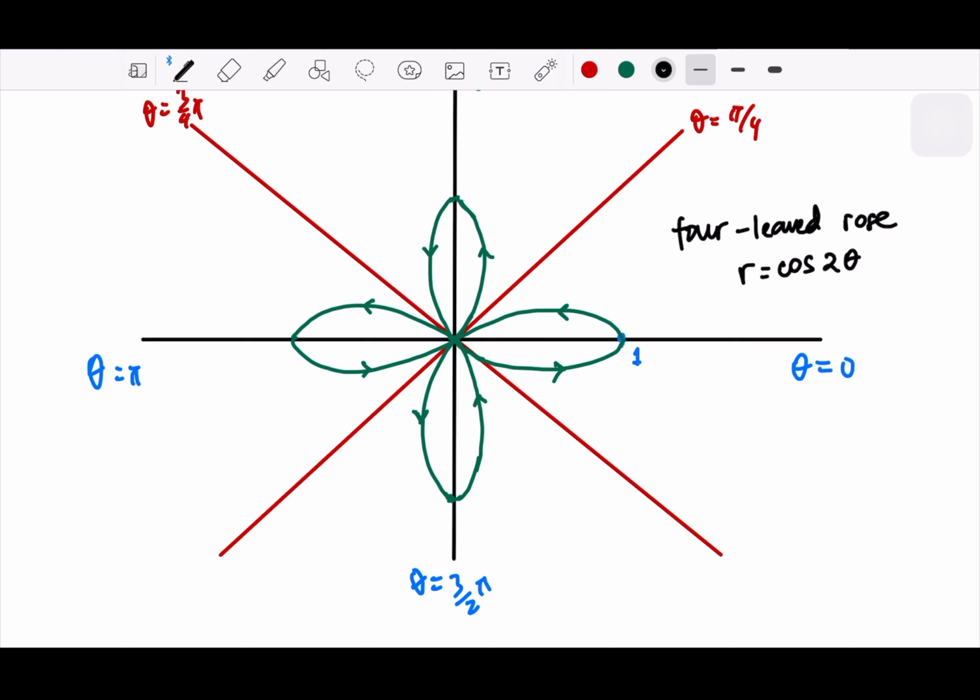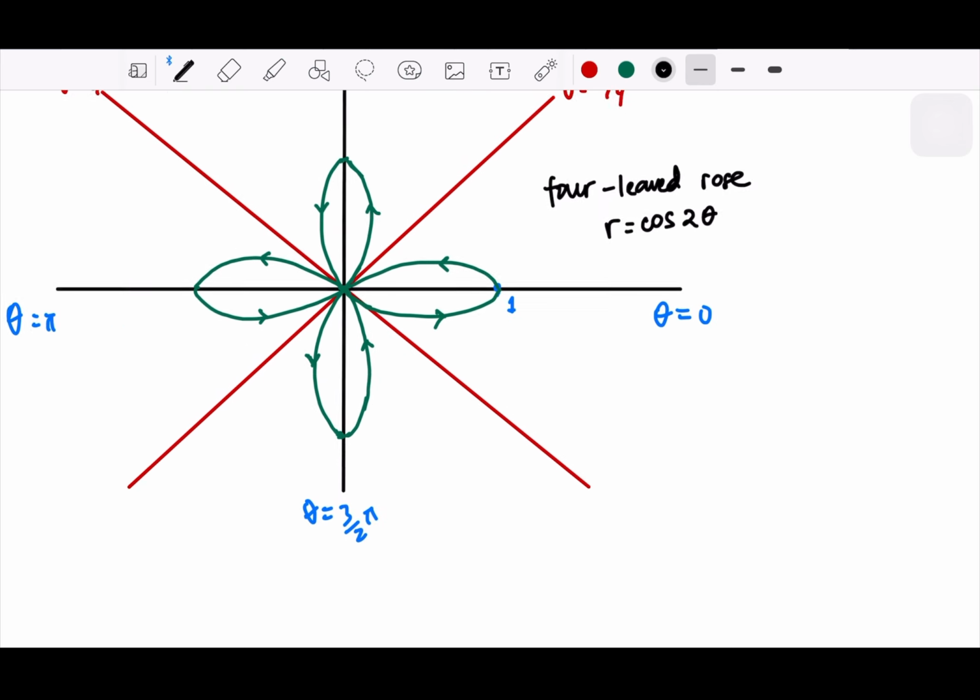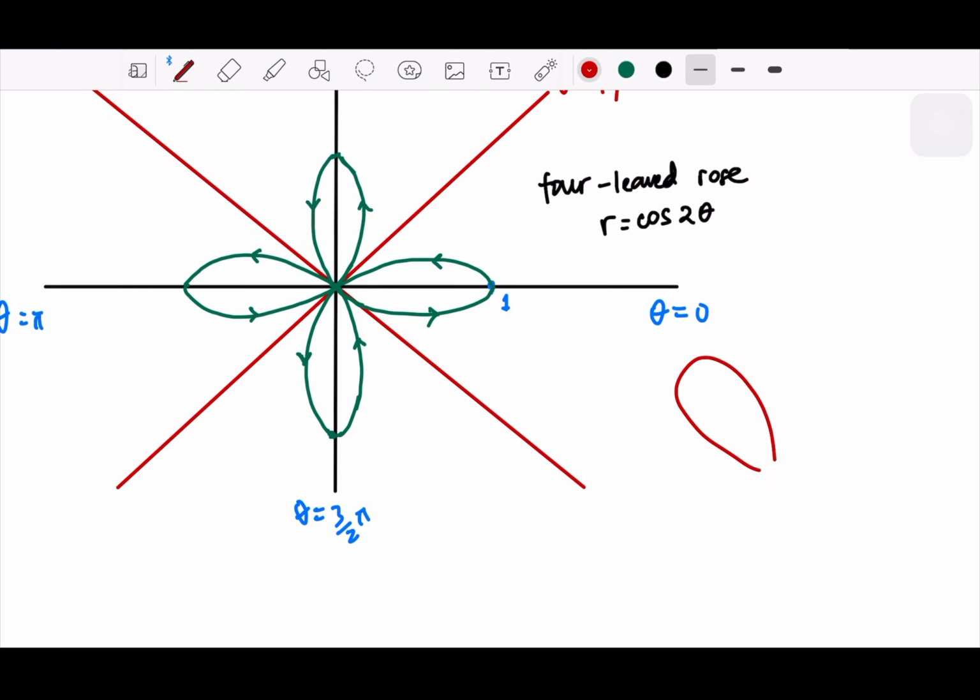Can you imagine what will happen with sine 2 theta? It will rotate a little bit, right? It becomes like this, like a rose, rotated a little bit.